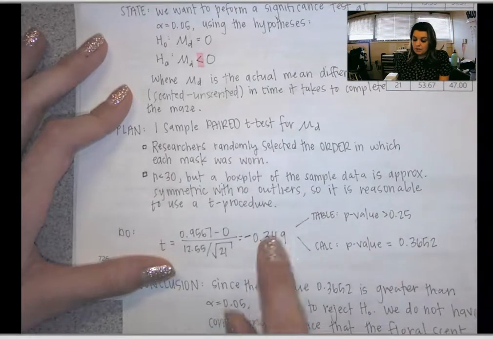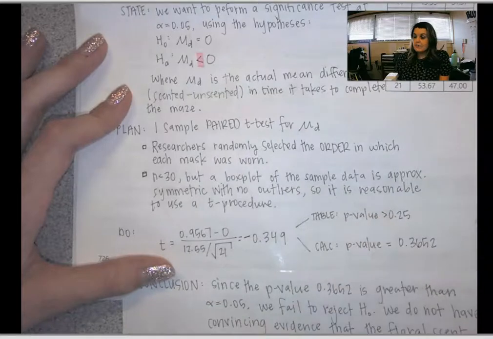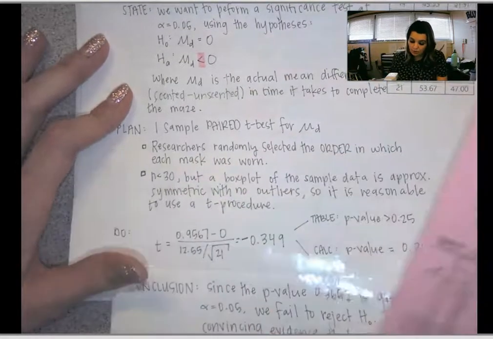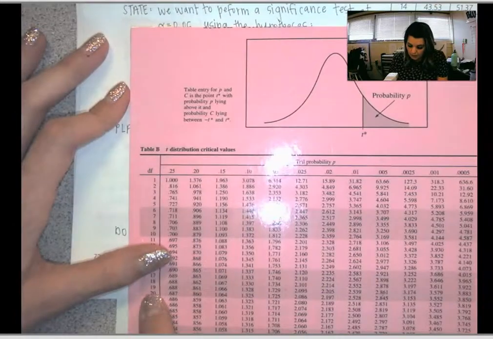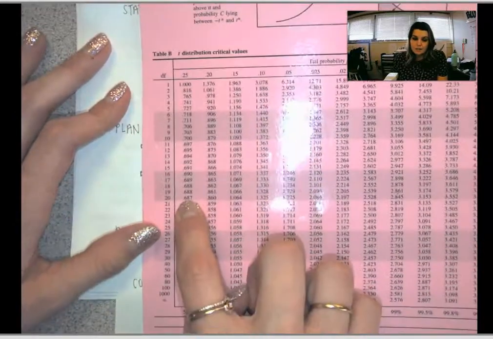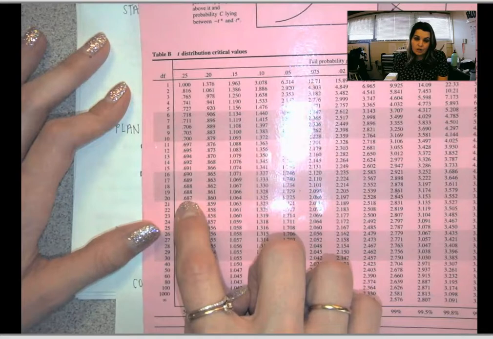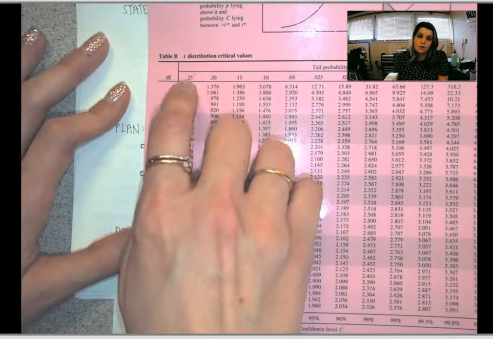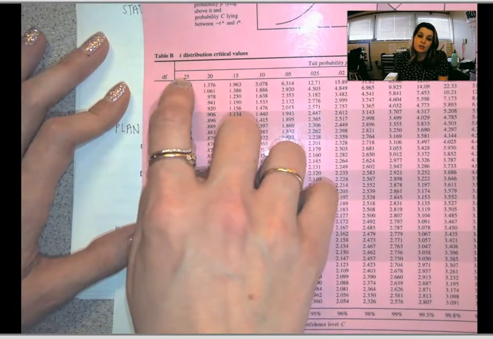This number is so small that it's not even on our pink table. So if I go to our pink table, degrees of freedom 20, and I try to find a T critical of 0.3, it's somewhere over here, which means that your p-value will be greater than 25%.